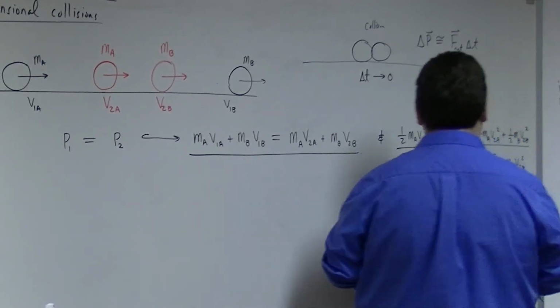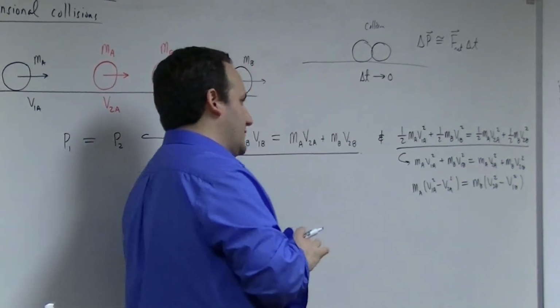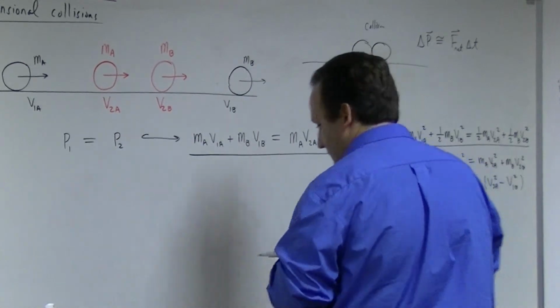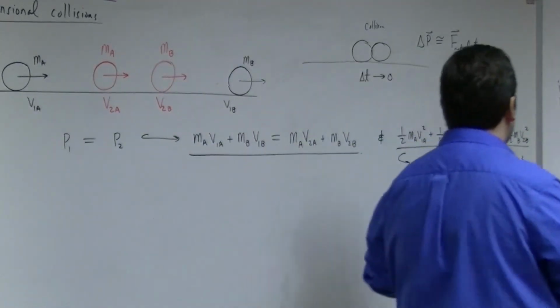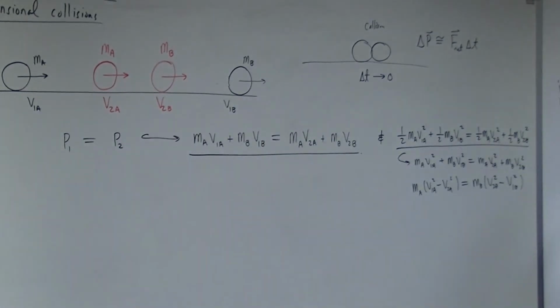You could do that. And then you got the difference of perfect squares, so you could do some algebra. We're allowed to do algebra. So difference of perfect squares, what happens?